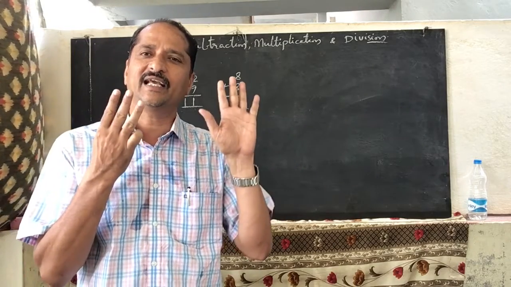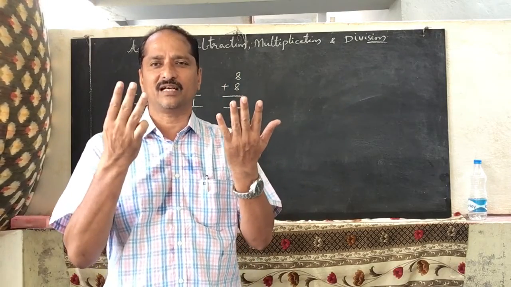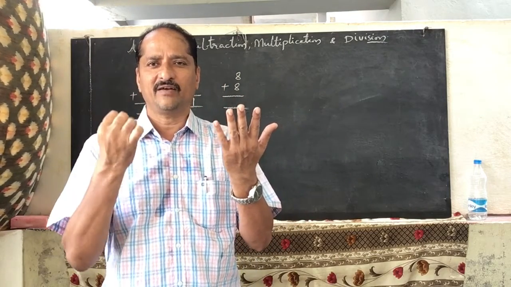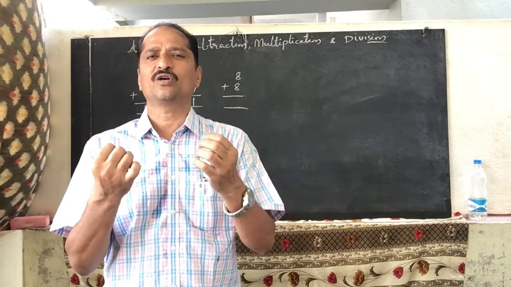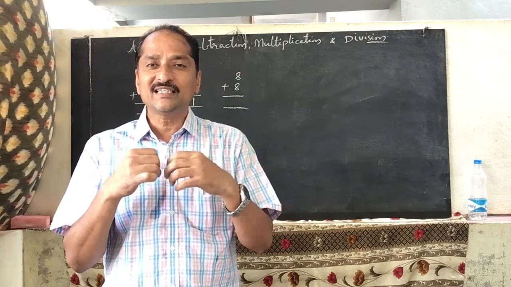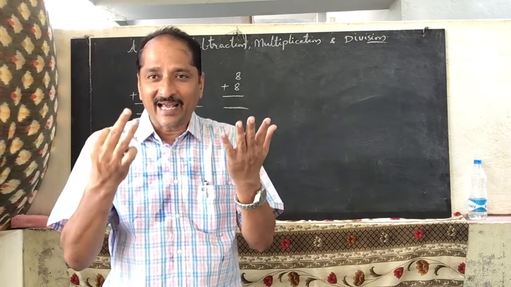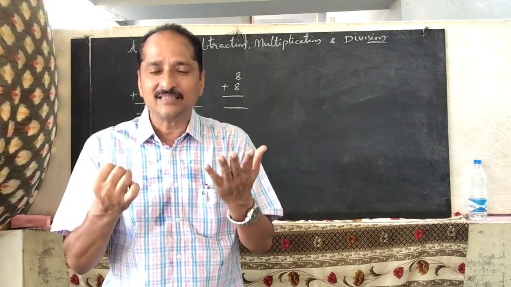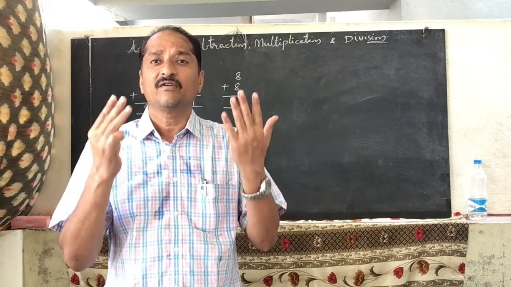Take 8, and after 8, count: 9, 10, 11, 12, 13, 14, 15, 16. You have to count fast, no need to sing a song. Just fast.